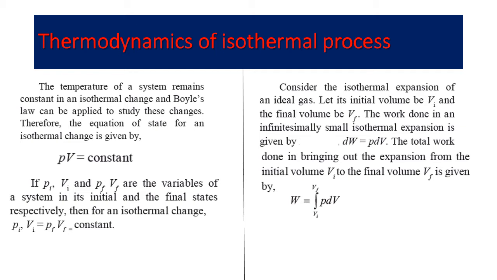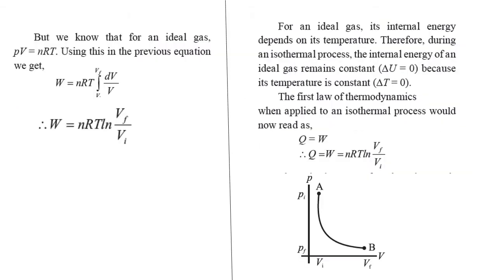The work done in an infinitesimal small isothermal expansion is given by dW is equal to P times dV. So the total work done in bringing out the expansion from the initial volume Vi to the final volume Vf is given by W is equal to integral within the limits Vi to Vf P dV.